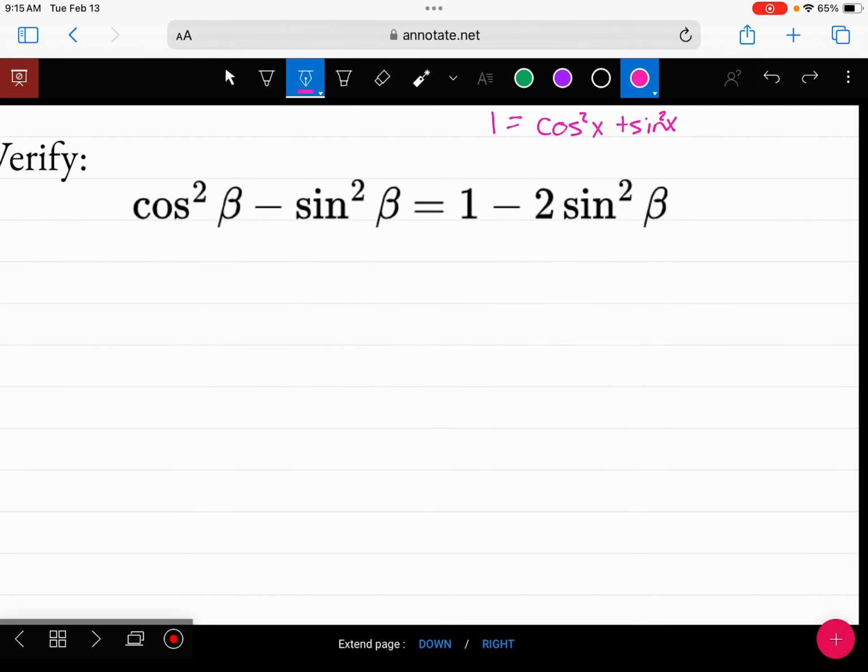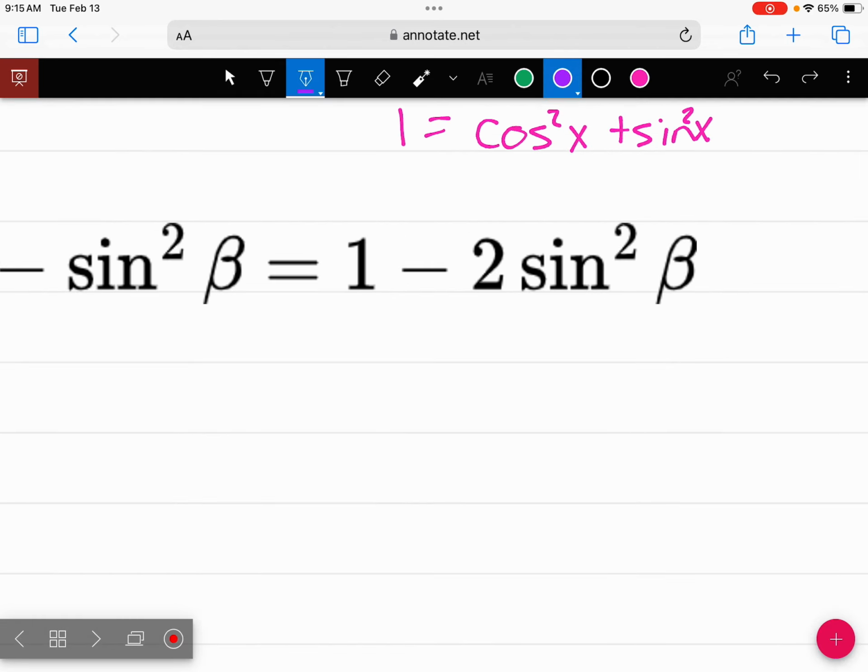And we can rewrite our cosine into an equivalent piece here, because cosine squared of x is the same thing as 1 minus sine squared of x. They mean the same thing. I can prove it with this identity.